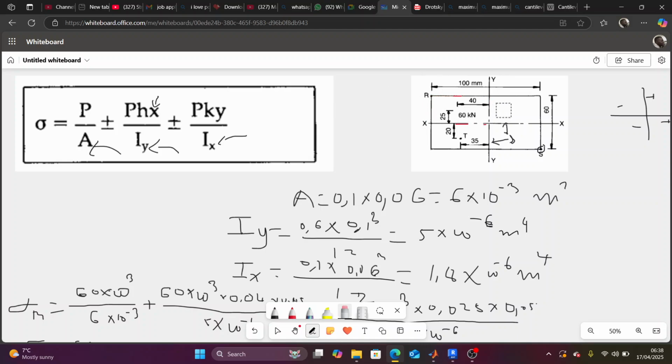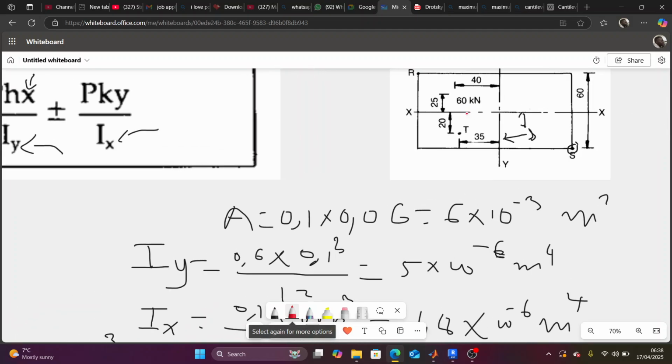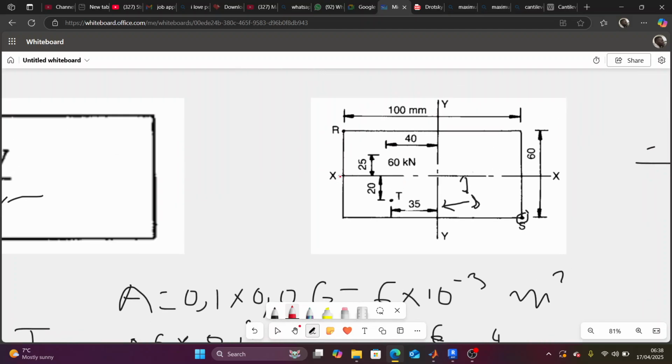Let's see what's happening. We are now under this quadrant here. Let me zoom in and explain. It is still the 40, 60, and 25. But as you can see, if I move 40 down here, as I'm moving 40, I am not crossing the y-axis.